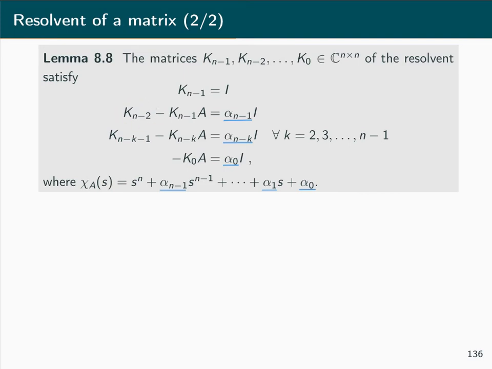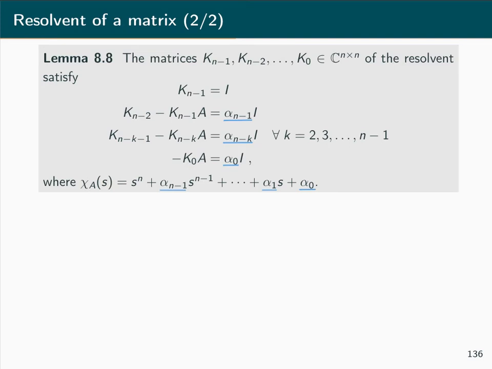K_{n-2} in terms of K_{n-1}, which we have already computed, and the coefficient alpha_{n-1}. This condition reads as K_{n-2} minus K_{n-1}A equals alpha_{n-1} times identity.